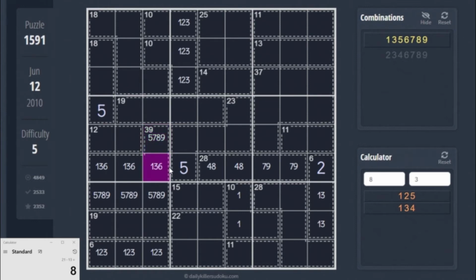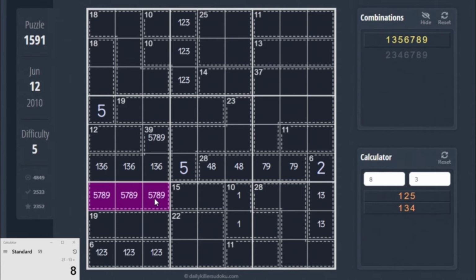However, since we already knew what numbers are in this cell, this cell, this cell, and these cells, we can get a number in here using geometry. So 19 plus 6 is 25, and we know 45 for the whole block, so it's going to be 20 in here, right? 20.